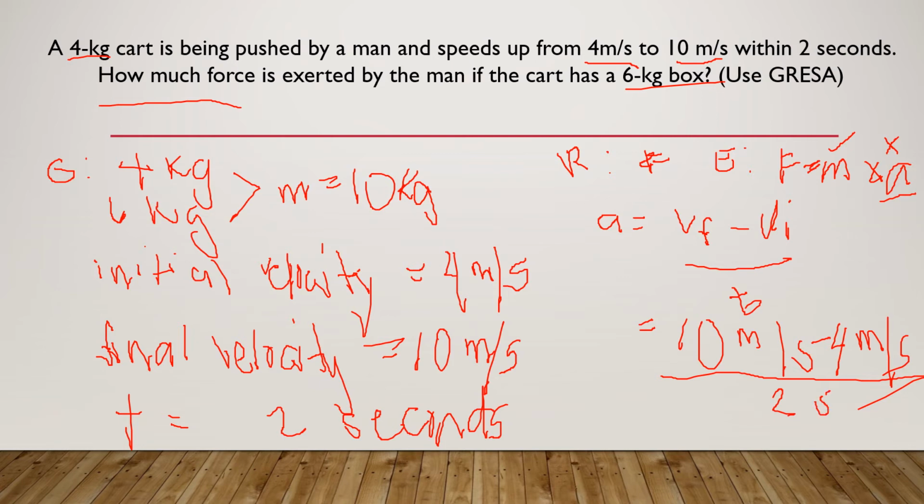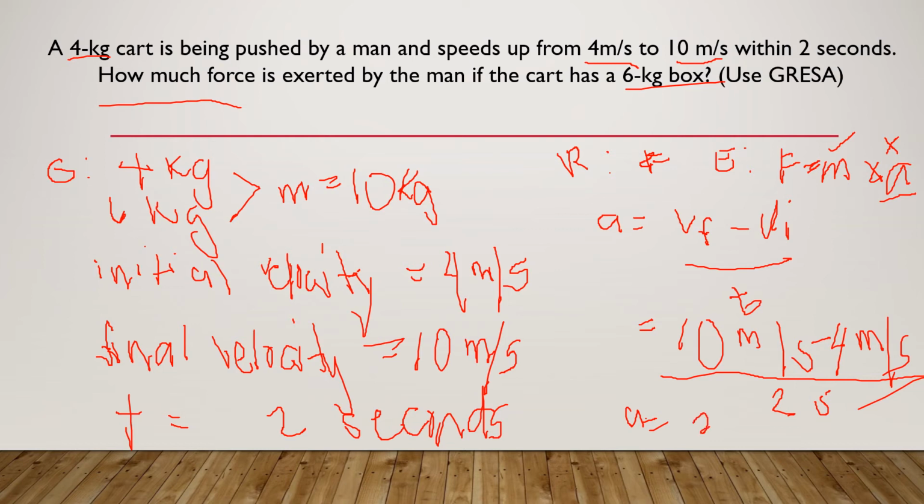since there are no units that are the same, you just need to copy them. So let us now get the correct answer for acceleration. There you have it. 10 minus 4 is equal to 6, divided by 2.